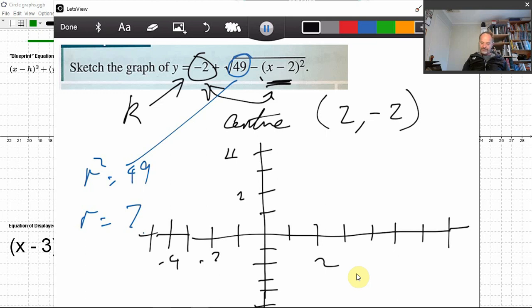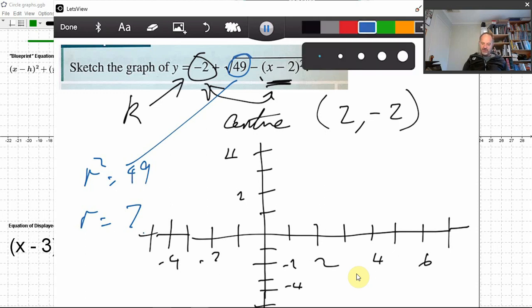There's my rough sketch. All right, so center 2 and minus 2. So our center is at 2 and minus 2. So there is our 2 and our minus 2.